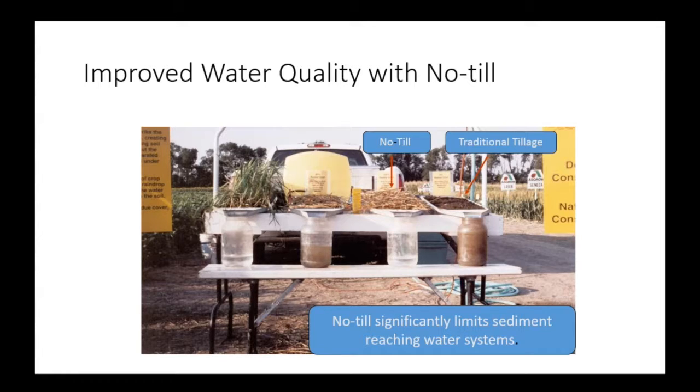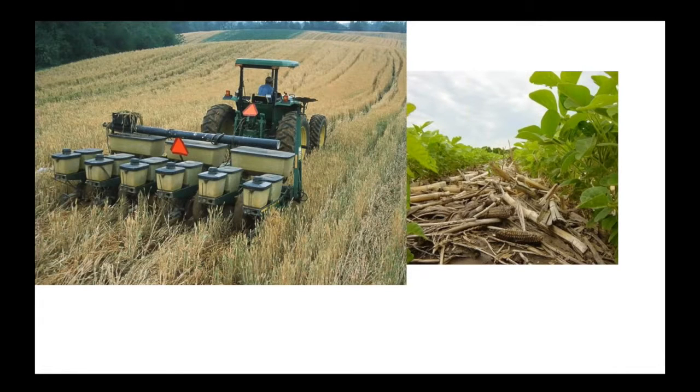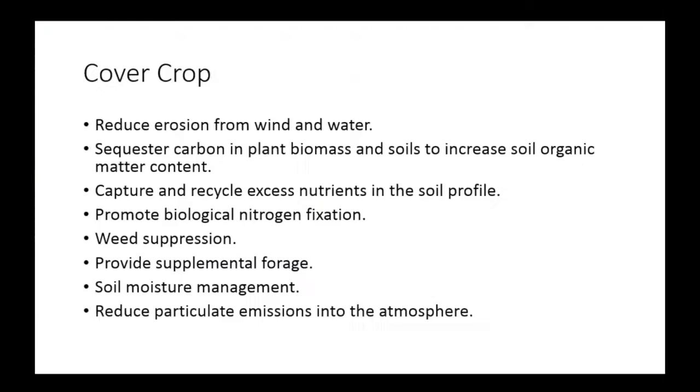However, we do always have to accept that there are other options available for producers, and that's called careful planning to match up. So here's an example of no-till, and of course, as conservationists, that is always going to be our favorite solution to all problems, but we do have to respect that there are other options. Cover crops, fantastic solution to a lot of problems.